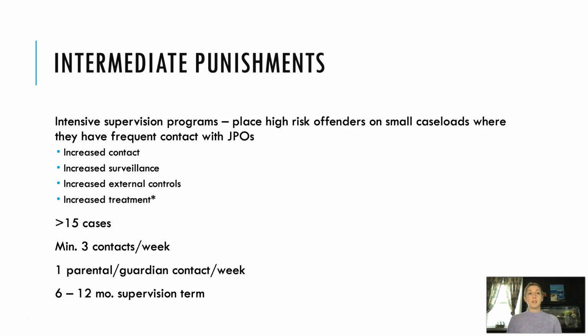Typically, they say you should have caseloads of less than 15 youth, a minimum of 3 contacts per week, 1 parental or guardian contact per week, and the supervision term is typically going to be between 6 to 12 months. I know for our office, for felony offenders, we require at least 12 months of supervision, or between 9 and 12 months before they're going to agree to allow the youth off of probation.